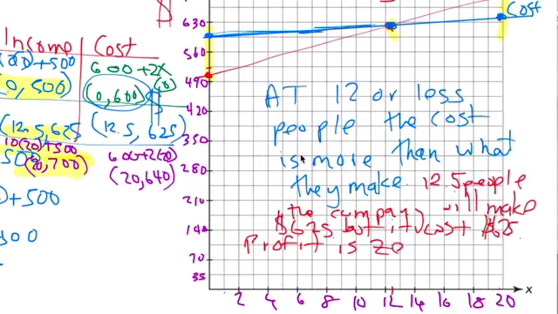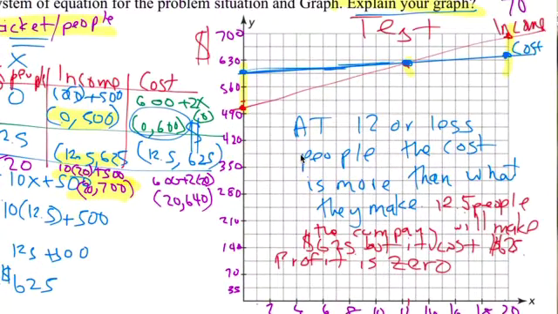That's important you mention that here. Okay, profit is 0. And after this point, I need to go over this with you guys. I didn't get time today. After that, the income is bigger than the cost.